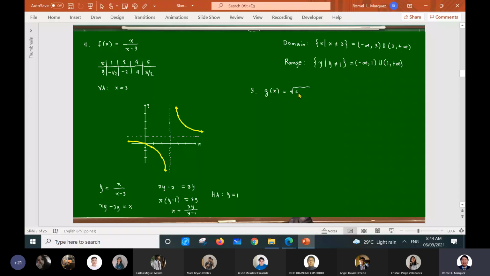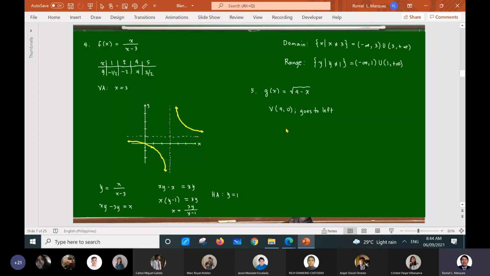Okay, guys? So this is a root function. Actually, this is half of the parabola, upper part of the parabola, with endpoint at x equals 4, and when x is 4, this is 0. So it goes to the left, starting from 4, 0.